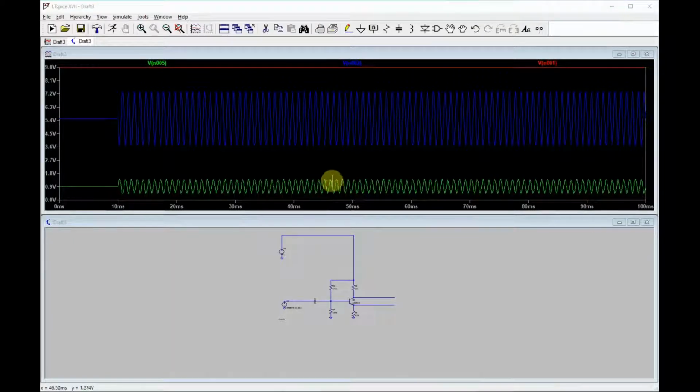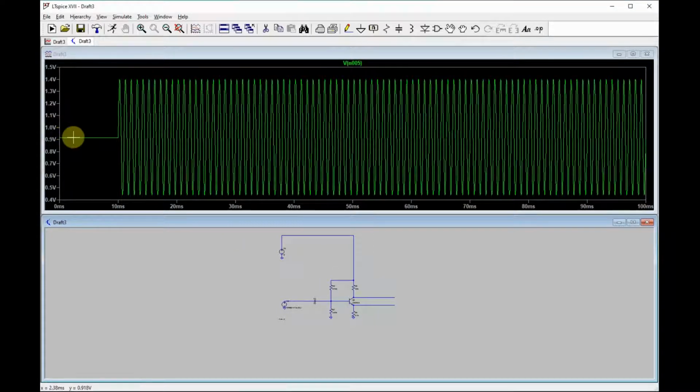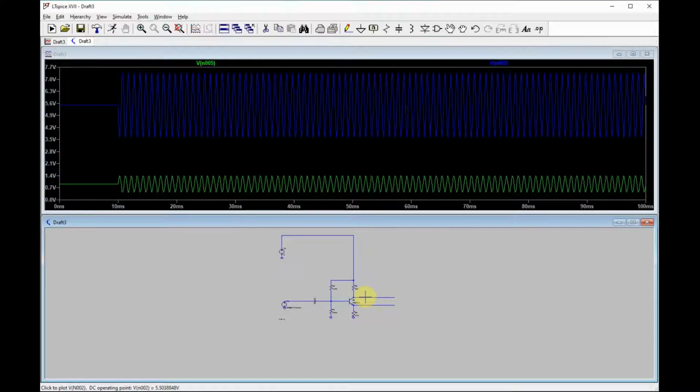You can see here, this just happens to be the amp in my amplifier, but you can see we've got this line set at like 0.9 volts. We've got this set at 5.6 volts.